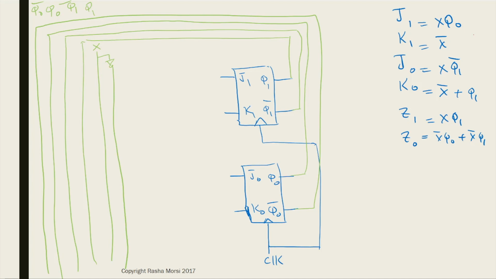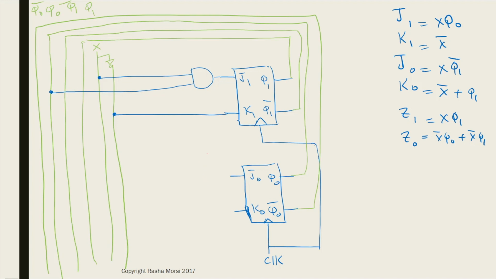So now we're ready to build the circuit. And J1 is an XQ0, that's an AND gate. So we're going to draw that there. And it takes in X input and then it also takes in a Q0. And see how easy that becomes? We just pull straight lines out of the input set. K1 is a X bar, so all we have to do there is take a straight line to X bar. Then we go to J0, and that's XQ1 bar.